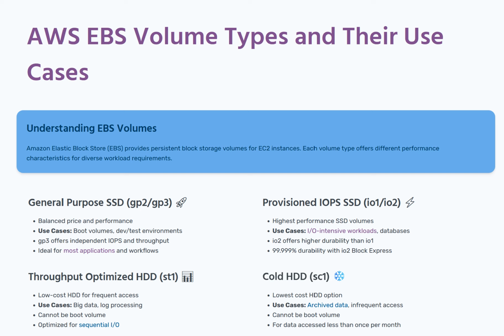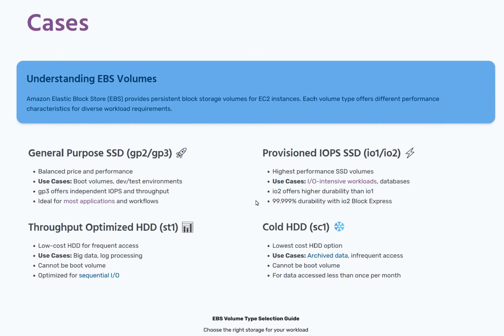So under Elastic Block Store, which is normally a hard disk, AWS provides four different classes. The first one is the general purpose solid state drive, SSD, including GP2 and GP3. GP3 has more performance.